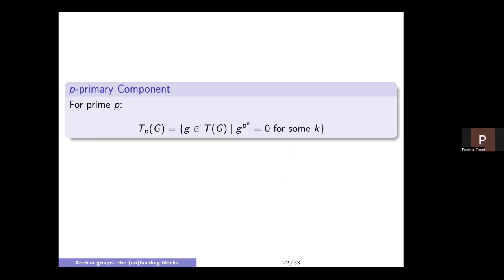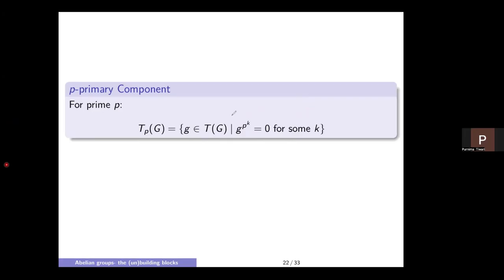It would be, for some prime p, elements g belonging to this such that g in T(G) has a prime power order.